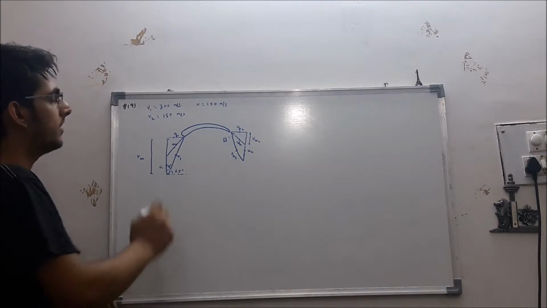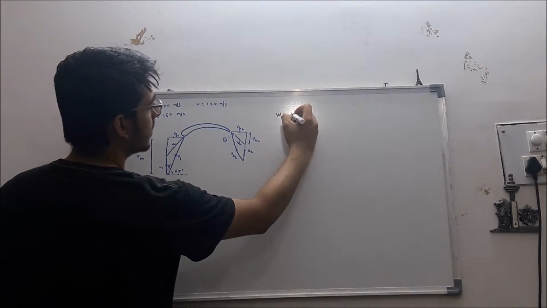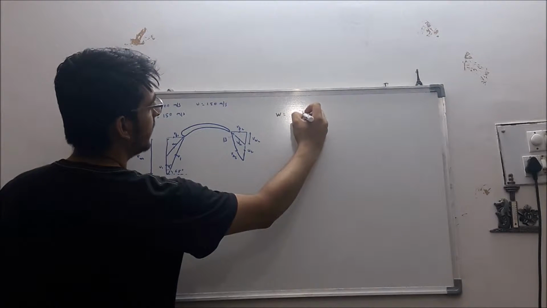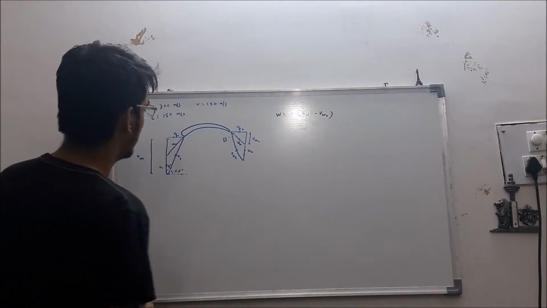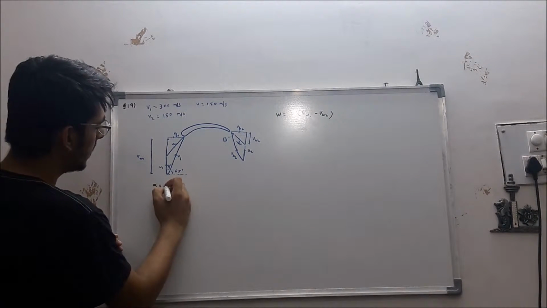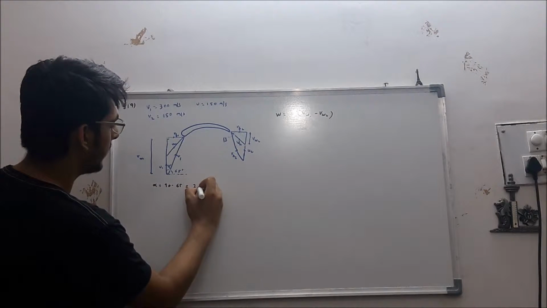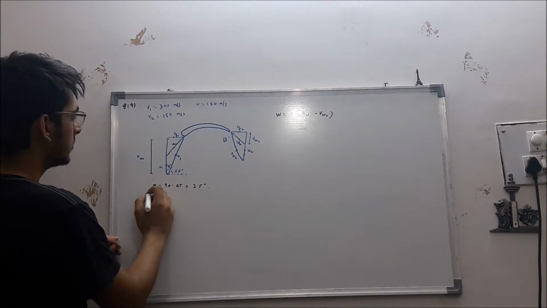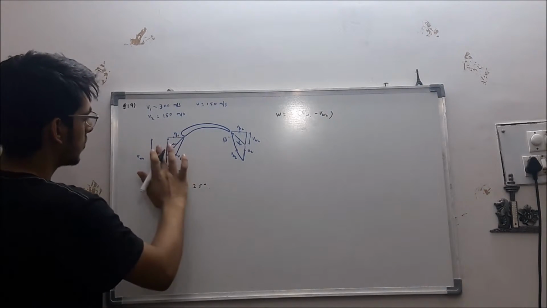So in this question we have to find specific work, which is given by U into (VW1 minus VW2). So this angle alpha will be equal to 90 minus 65, that is equal to 25 degrees. So VW1 will be equal to V1 cos alpha.